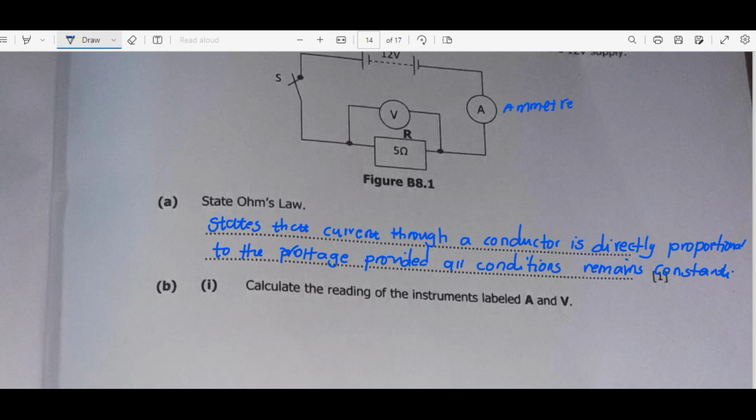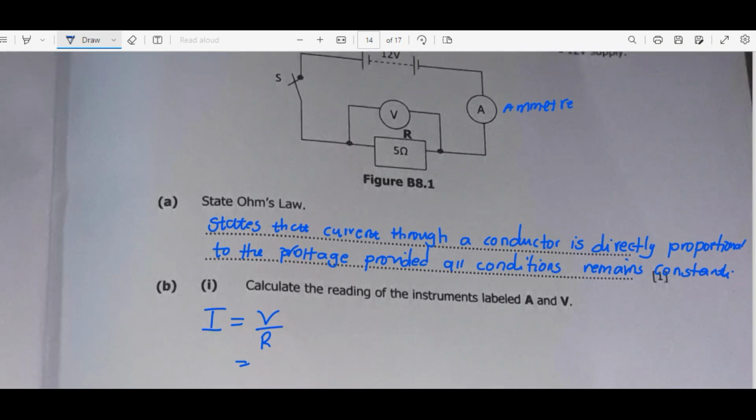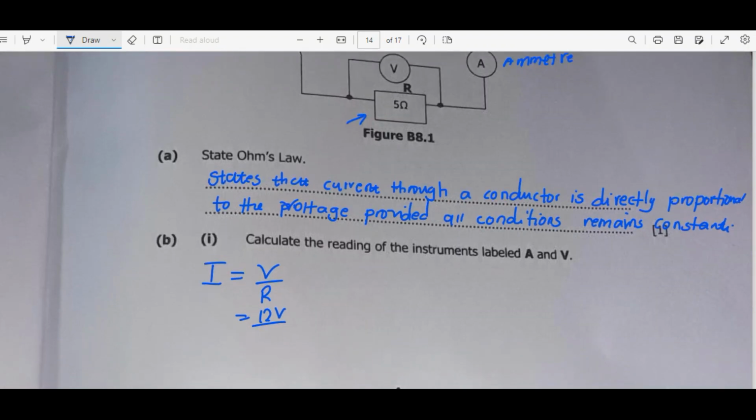An ammeter measures current. So this is the same as calculating the current. We know that current is equal to voltage divided by resistance. What's our voltage? Our voltage is 12 volts here. Resistor, we only have one, which is 5 ohms.